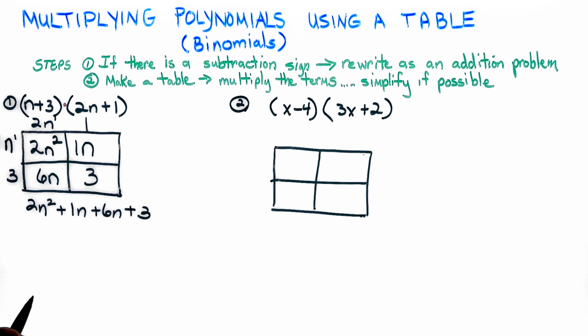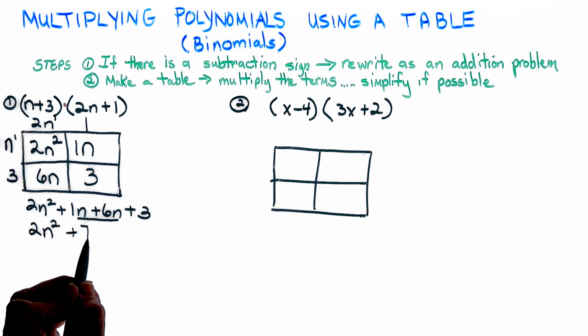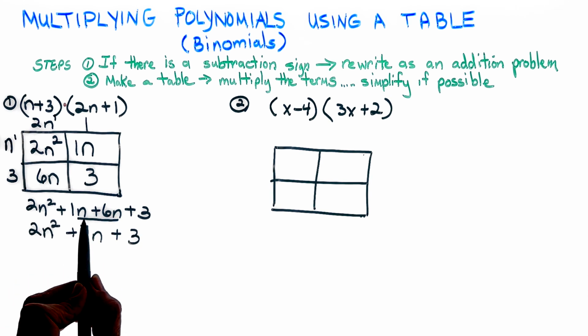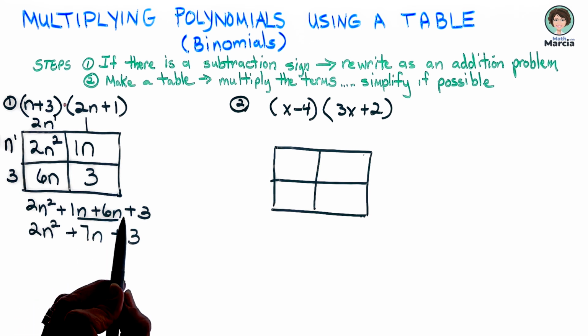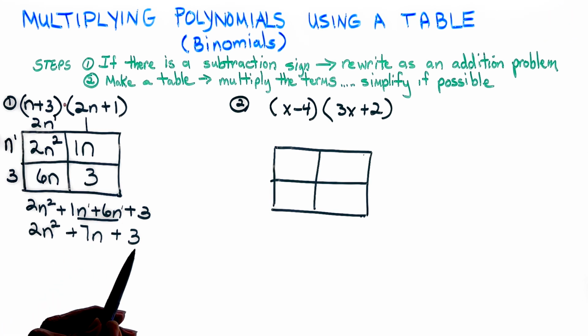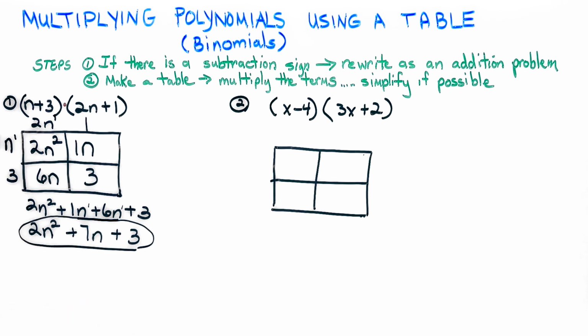We are going to put together like terms, and we can see this is equal to 2n squared plus 7n plus 3. Remember, when we add problems that have variables, our powers must be the same. So those were both n to the first power, therefore we can add them. And this is my answer in simplest terms.